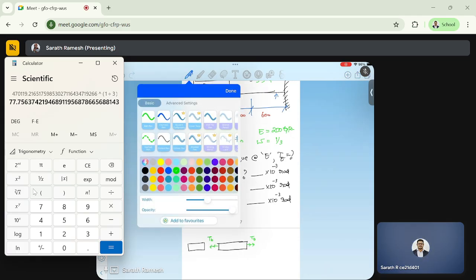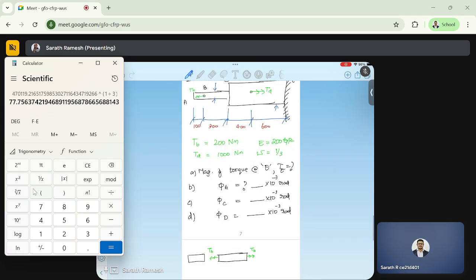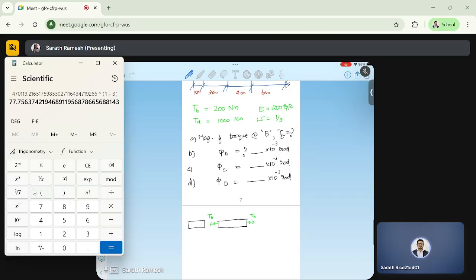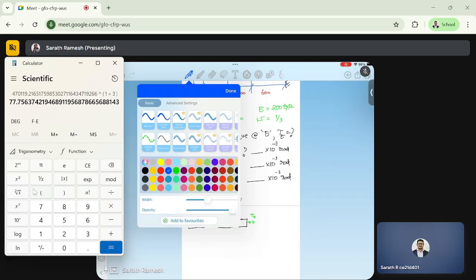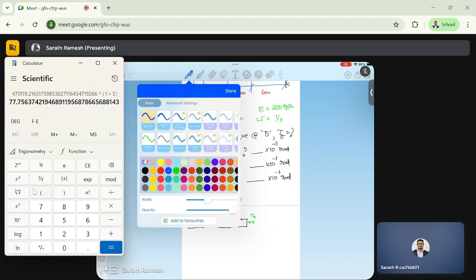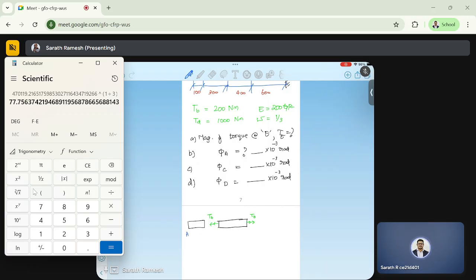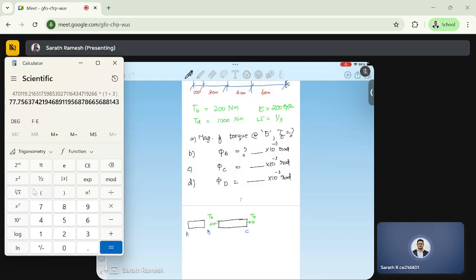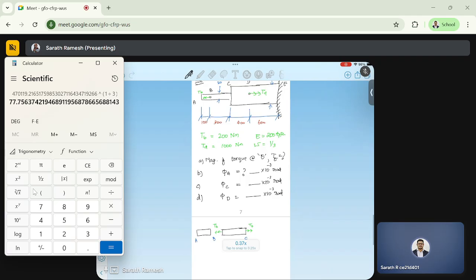I thought to write the names. This is A, B, and C. How about BC? No, BC done.